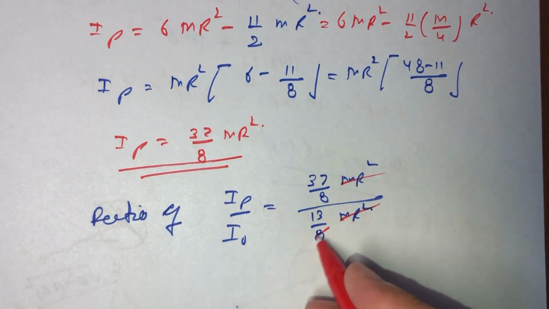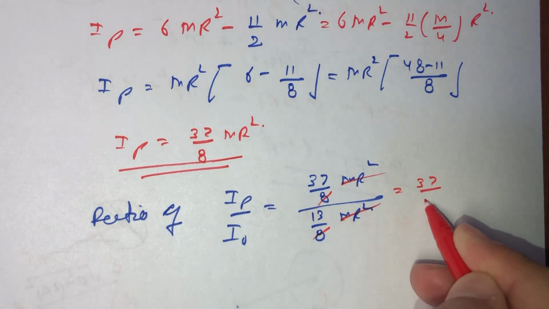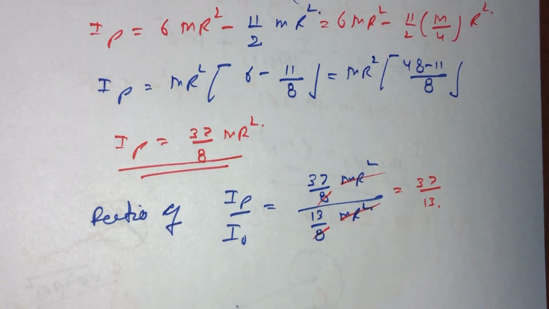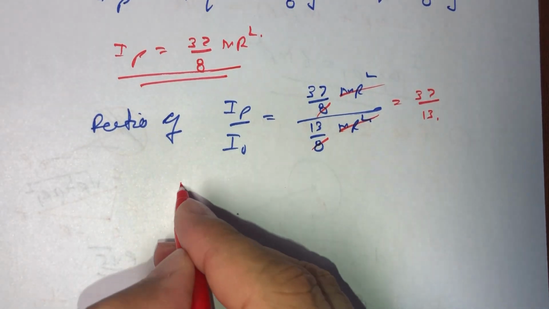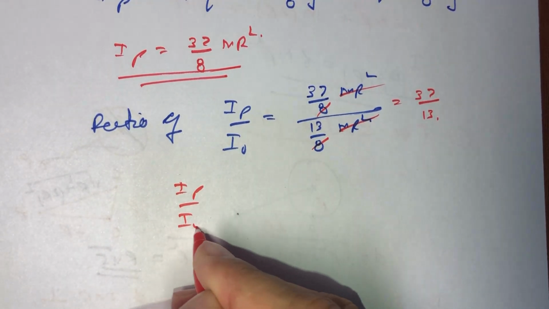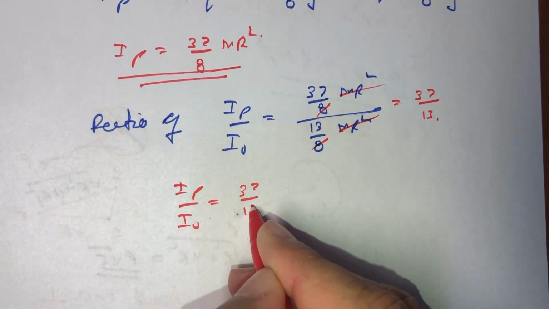The 8 and 8 cancel, so this will be 37 upon 13. Therefore IP upon I naught is equal to 37 upon 13.